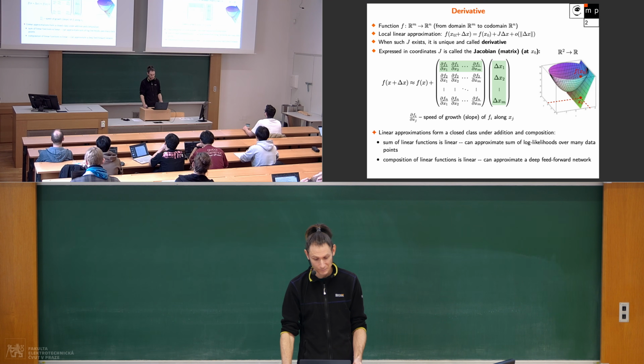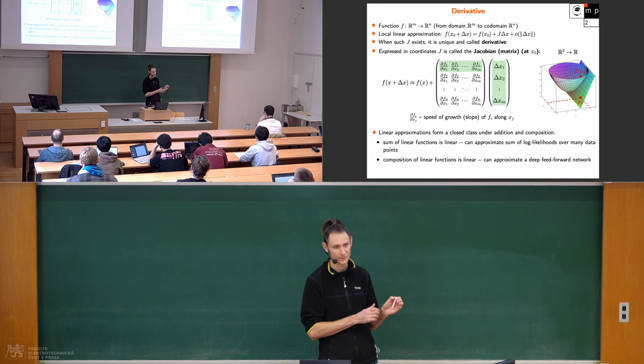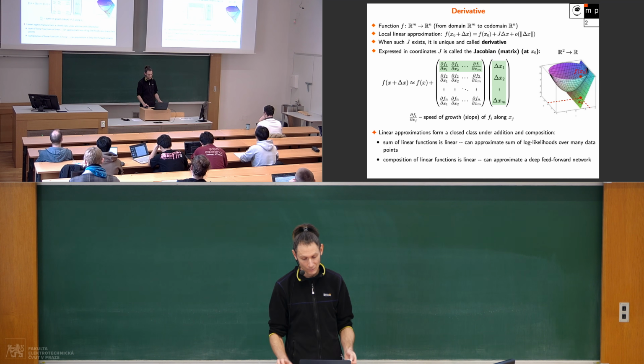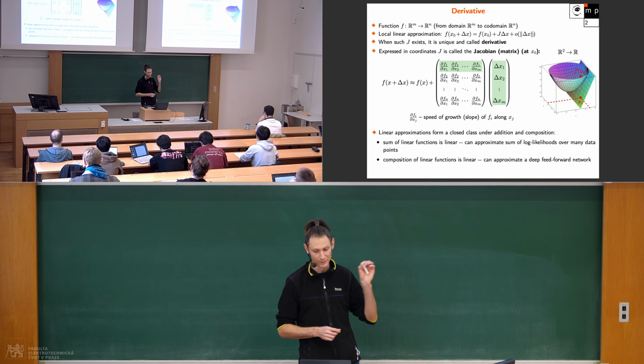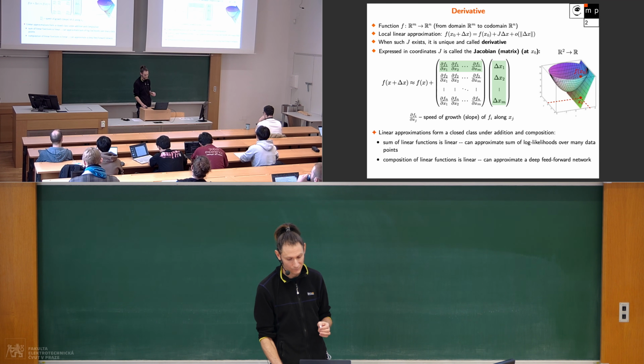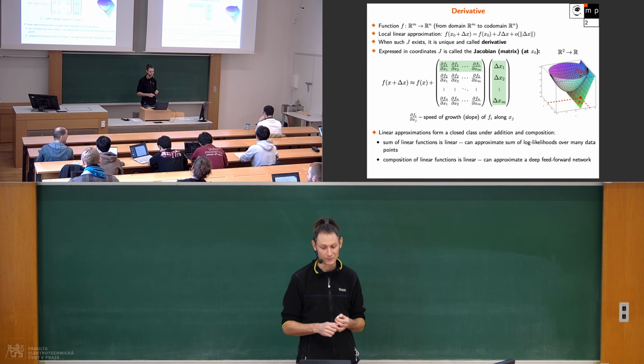So we can write it in this form: around the current point, if you displace from it by delta x, then we want this to be approximated by the value of the function at that point, plus this linear part, which is a linear operator acting on the vector of displacements, and plus something which is small enough with respect to the distance from the point at which we are approximating.